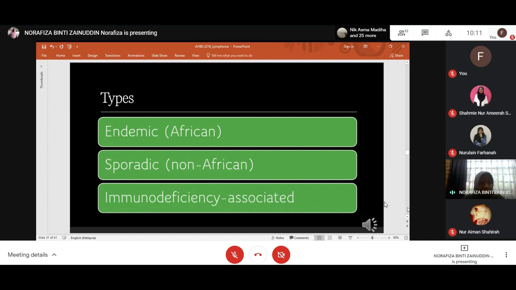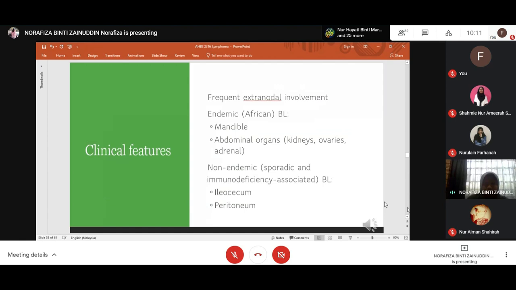Compared to the endemic type, the incidence of EBV infection is considerably lower in sporadic and immunodeficiency associated Burkitt's lymphoma.